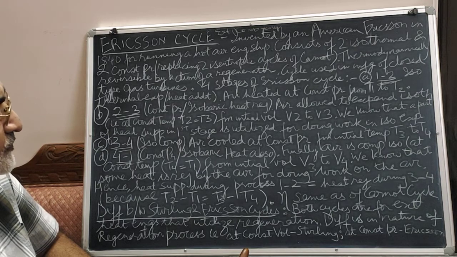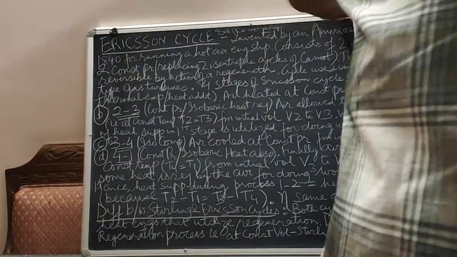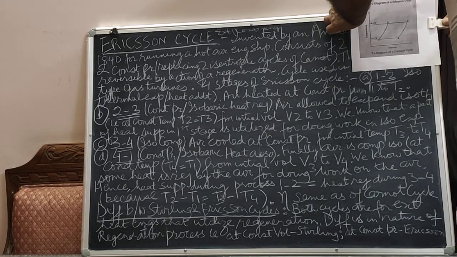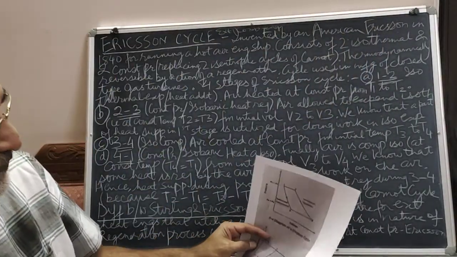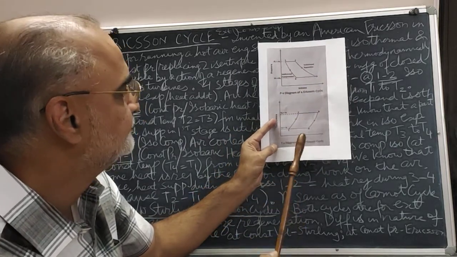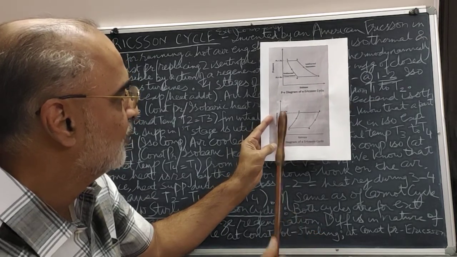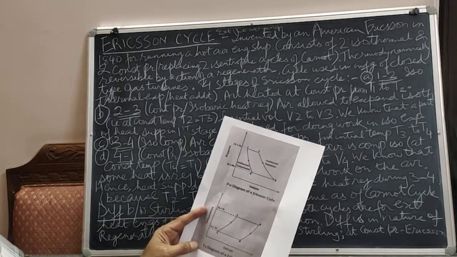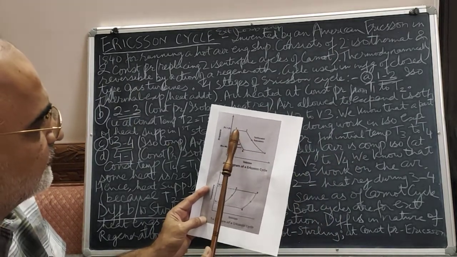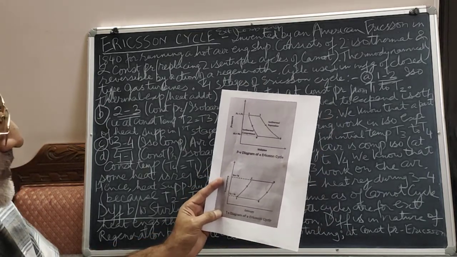Now let us see the 4 stages of the Ericsson cycle. This is the PV diagram. This is the TS diagram. 1 to 2, isothermal expansion, or heat addition.